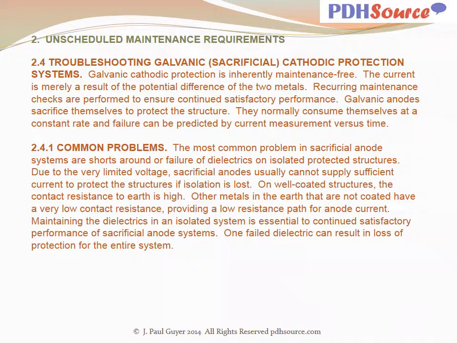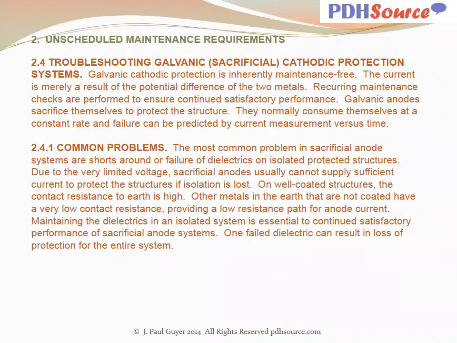The most common problems in sacrificial anode systems are shorts around or failure of dielectrics on isolated protected structures. Due to the very limited voltage, sacrificial anodes usually cannot supply sufficient current to protect the structure if isolation is lost. On well-coated structures, the contact resistance to earth is high.